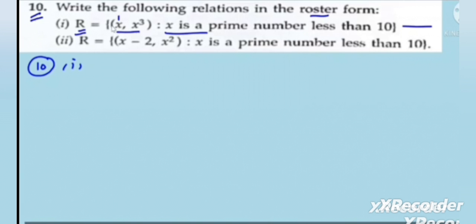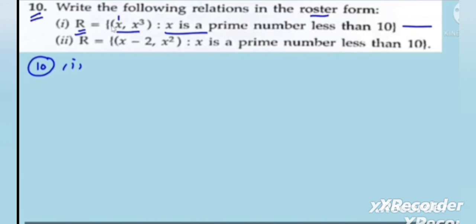Now in this sum, write the following relations in the roster form where the relation is defined by R. First line is R is equal to x comma x cube, where x is a prime number less than 10.